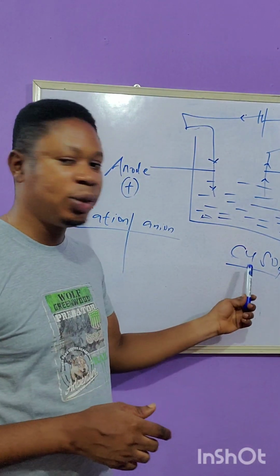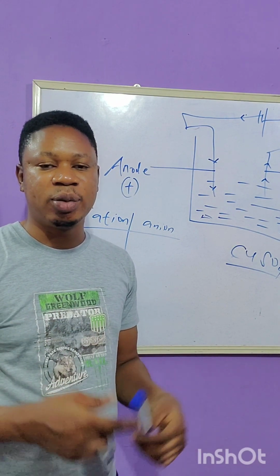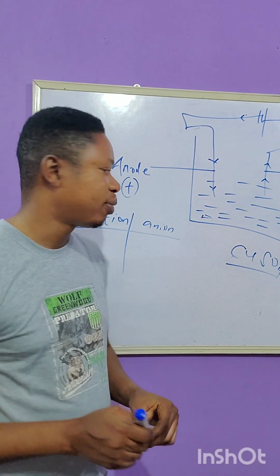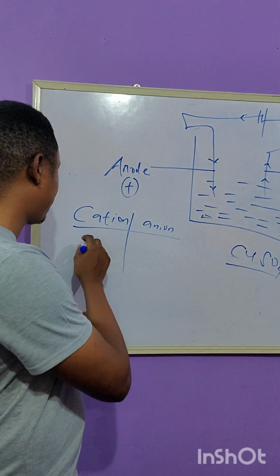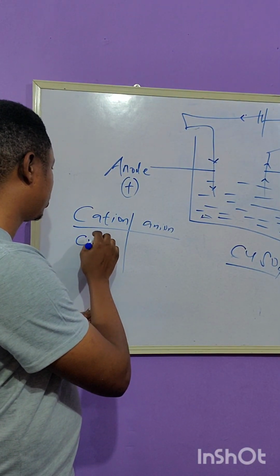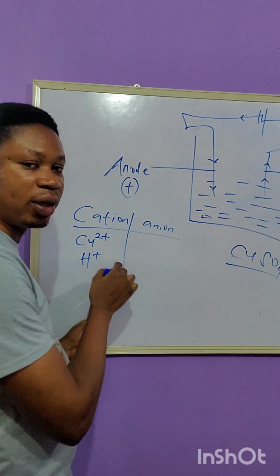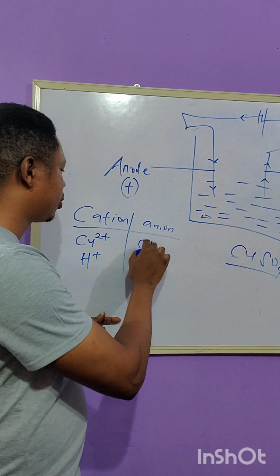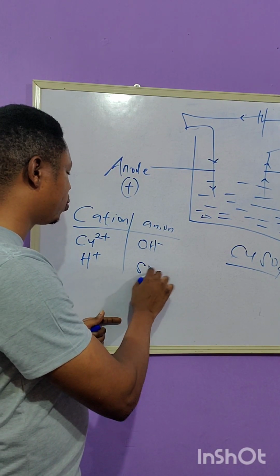All right, so using copper sulfate solution, let's look at the ions that will be formed from copper sulfate solution. The cations will be Cu2+ and H+, and the anions will be OH- and SO4 2-.